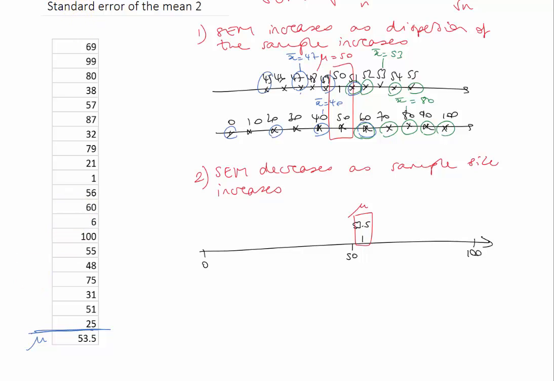So first of all, let's take sample size of 2. So let's take this first one. So if my first sample is these 2 measurements here, then the sample mean is 84. If I take these 2, sample mean is 59. This is just at random.